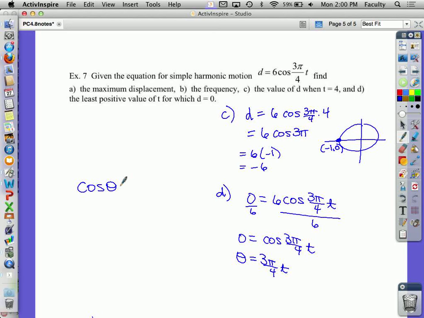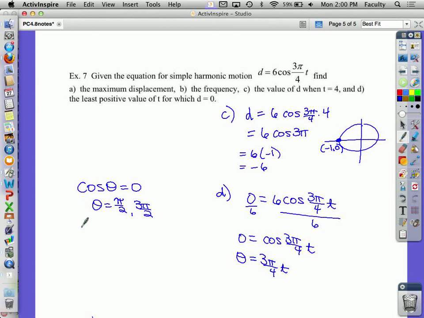I can make this cosine theta equal 0, and I know how to do that one, right? I can think about my unit circle, and from 0 to 2 pi, what values give me cosine of that angle equals 0? I heard it. Pi over 2 and 3 pi over 2. Well, guess what?